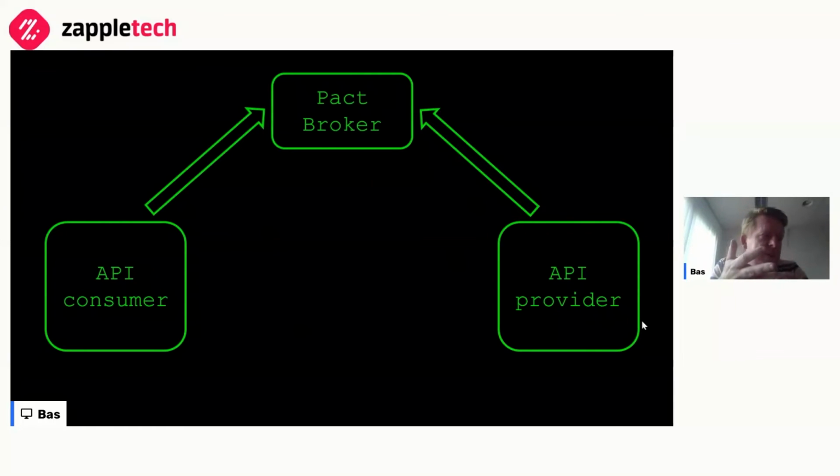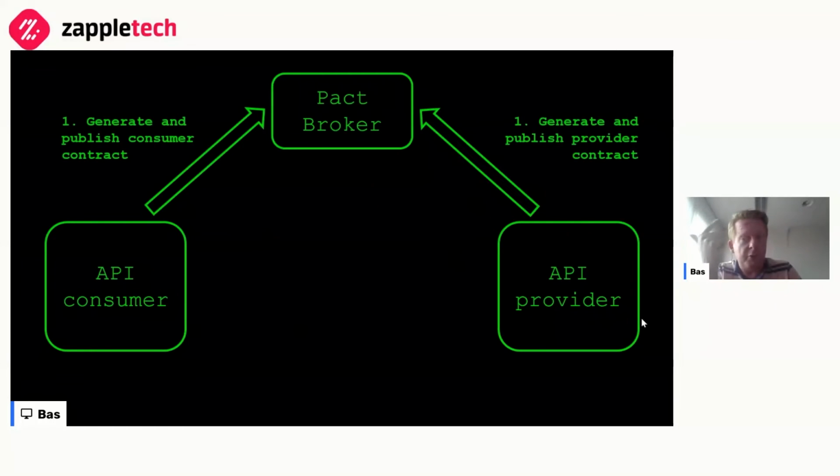integration issues, basically. So it's no longer the consumer giving a contract to the provider. It's also not the provider giving a contract to the consumer, because that would be provider-driven contract testing. No, it's both parties giving a contract to the broker, and then it's the broker that checks for compatibility.